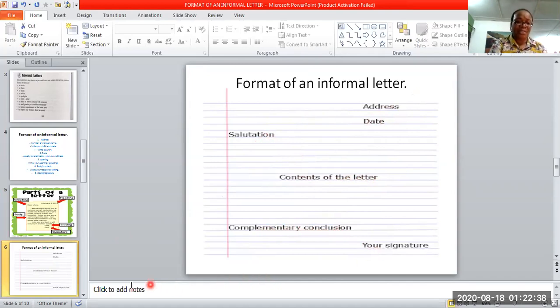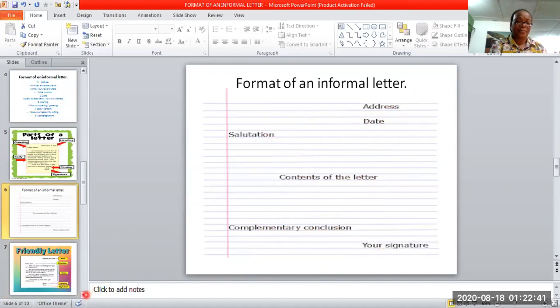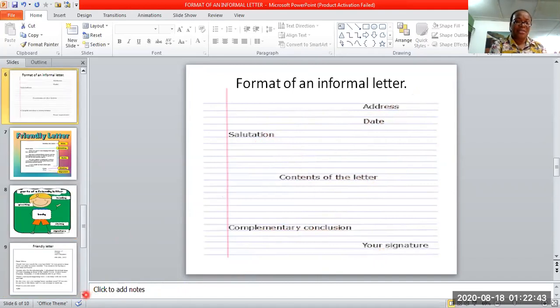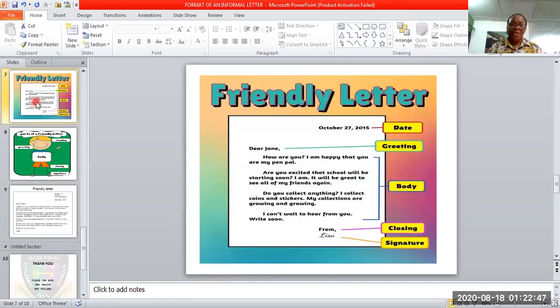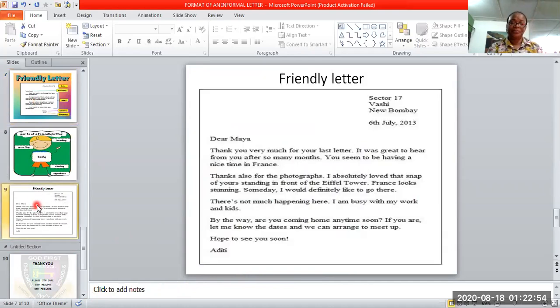So let's take a look at friendly letters. We have read the letter from Lisa to Jane. We have read a letter from Aditi to Maya.